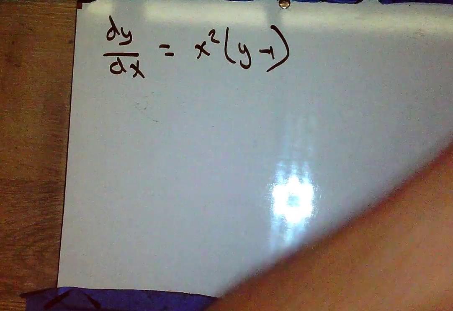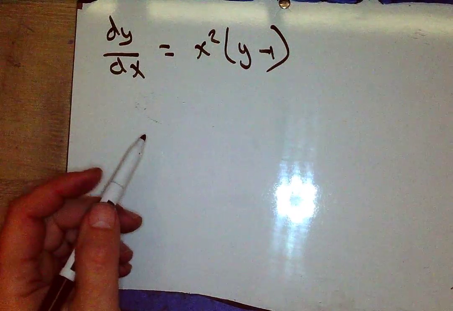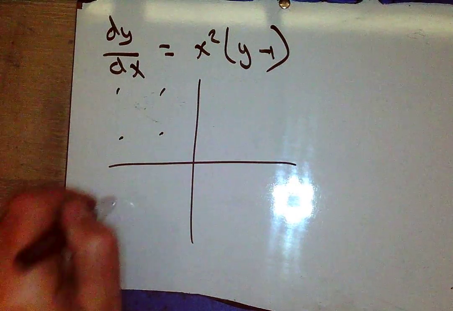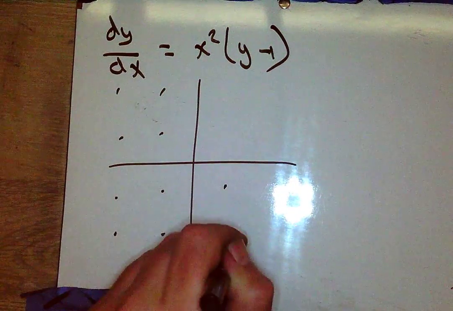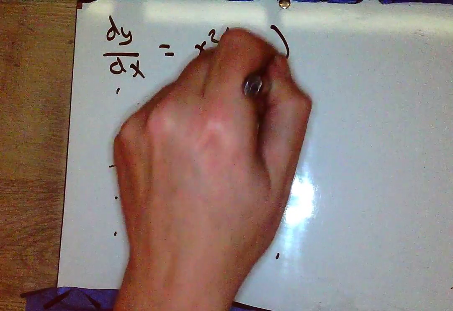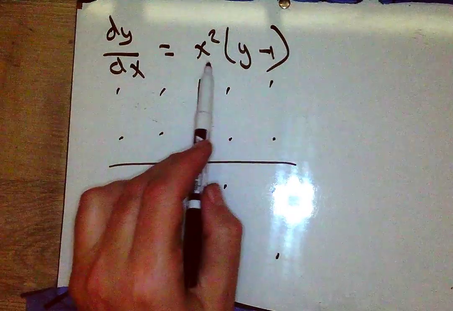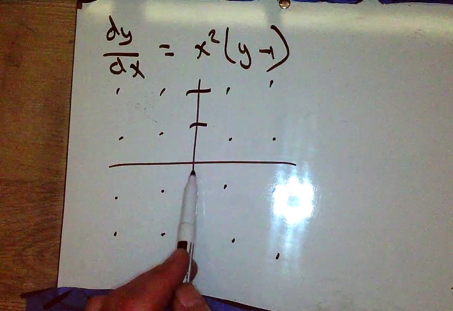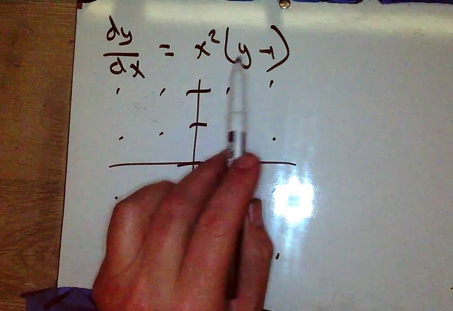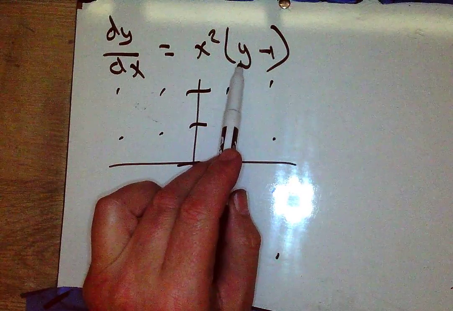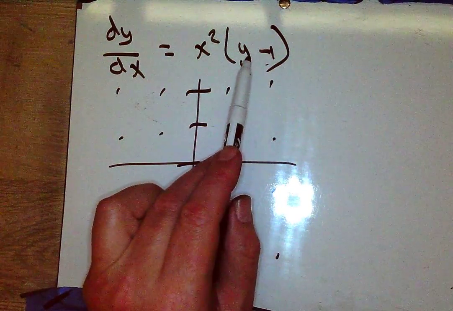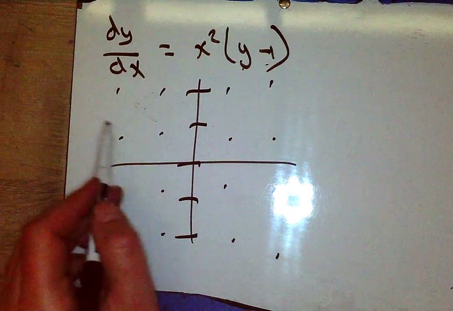But step A here is sketch a slope field. If I plug x equal to 0 in, dy/dx is 0. If I plug y equals 1 in, 1 minus 1 is 0, 0 times stuff, I get a 0 slope again.